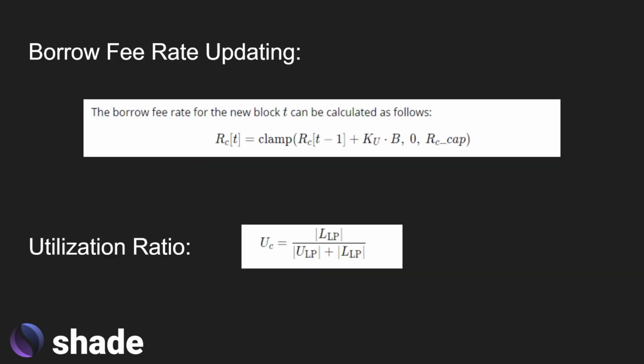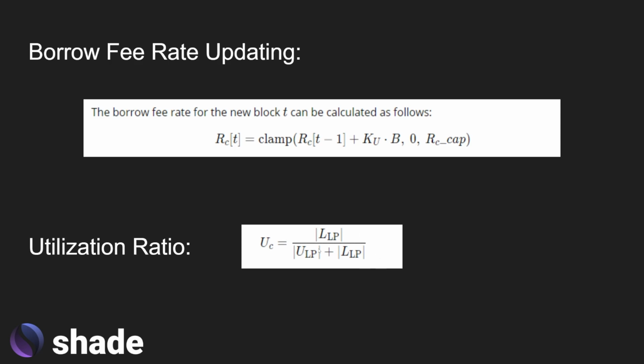So if we actually look at what impacts borrow fee rates, we can see there are two main contributors. You have your utilization rate, which takes into account both current and target utilization rate, expressed as this variable B, which actually stands for bias, and a sensitivity constant, which is this KU variable, which is used to scale fees up and down relative to a particular utilization ratio.